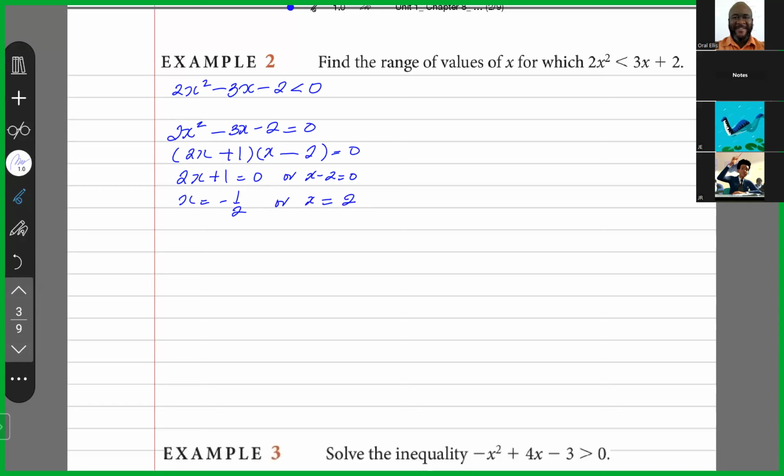So those are my intercepts. Those are the roots. And if I draw the graph of y is equal to 2x squared minus 3x minus 2, x is equal to minus a half and x is equal to 2 would be the roots. So if I draw a sketch, it's a positive x squared graph, so it's a smile.